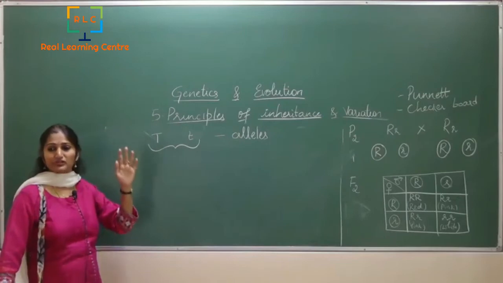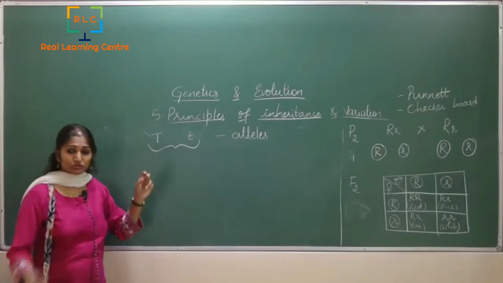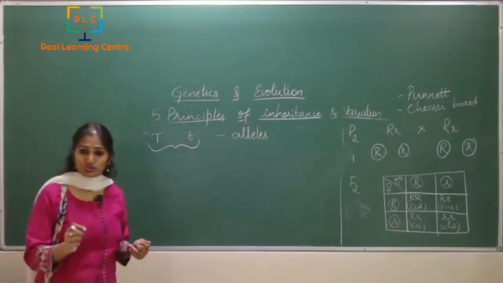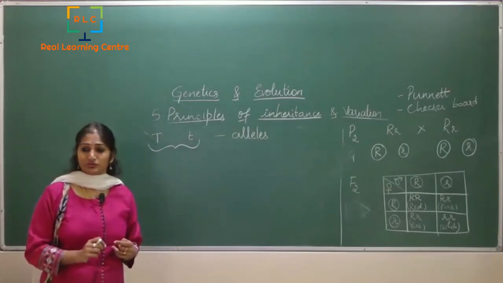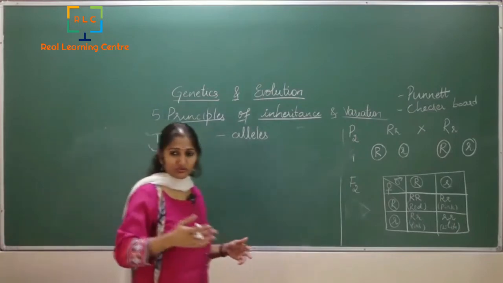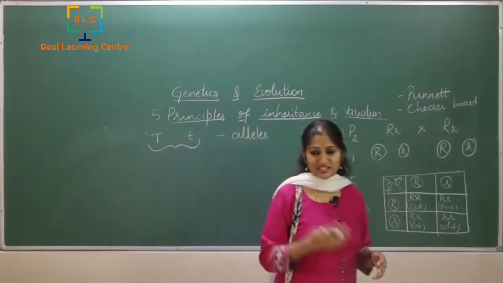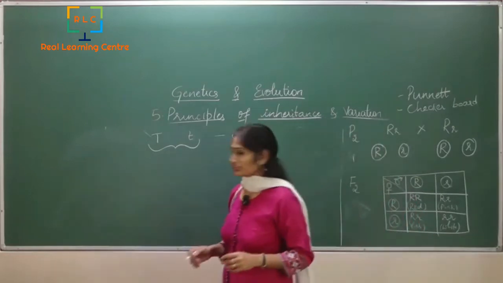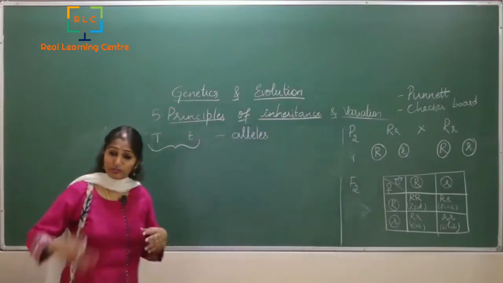And again, Mendel was lucky to choose the pea plant because there were only two varying characters. Just imagine what would happen if he chose the skin color of a human. There are so many types of skin. I'm sure if you just look at your friend's skin texture, color, you see that there are so many variants. So there are not just two types. There are many types.